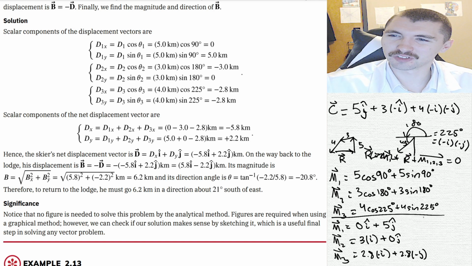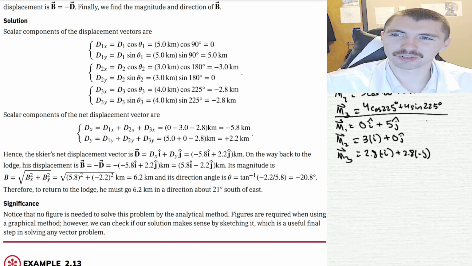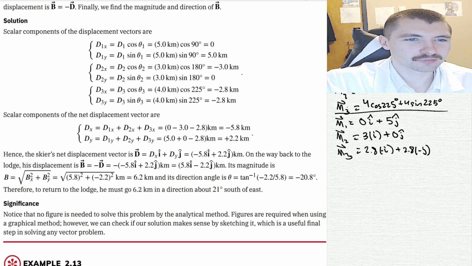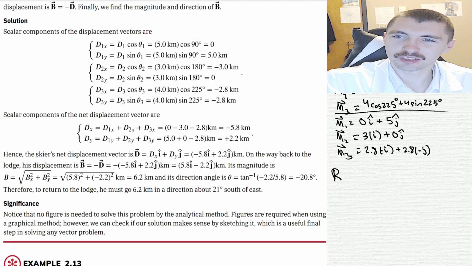And I kind of want to just finish it, so maybe we can. Components. So R is going to be negative. We're gonna take everything to the negative.